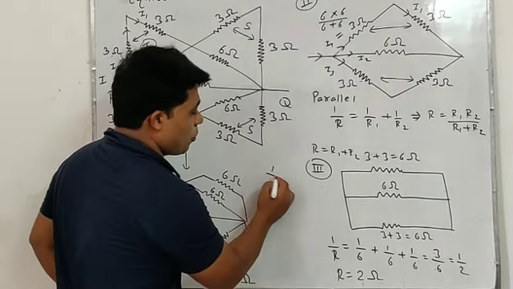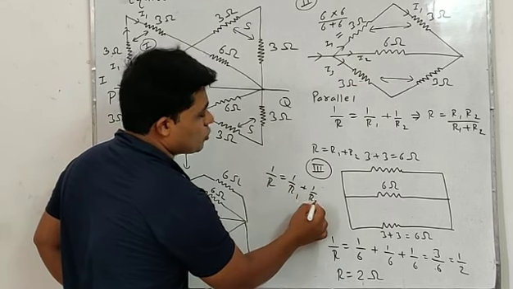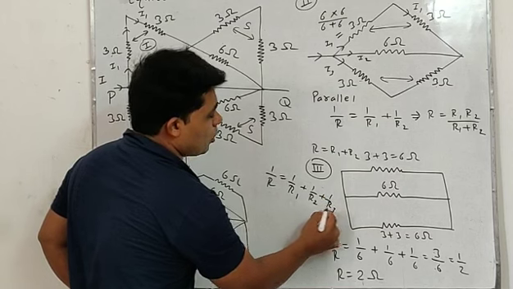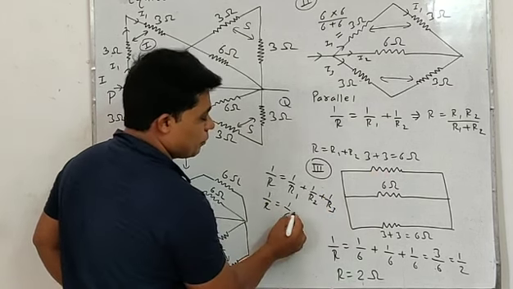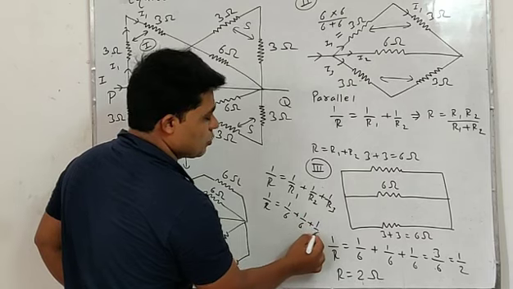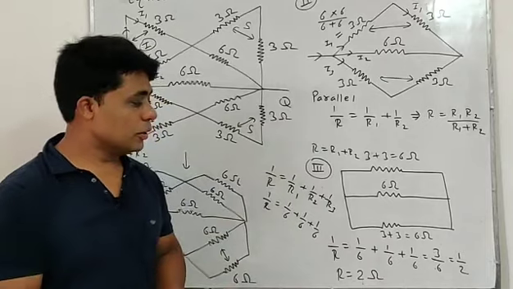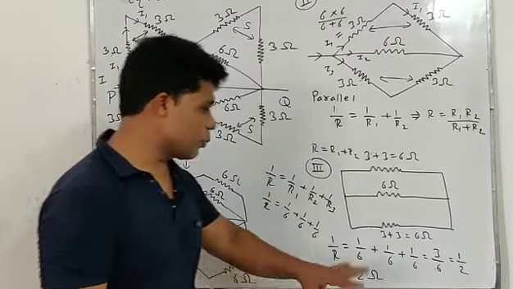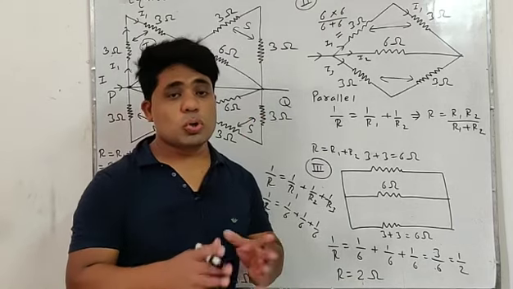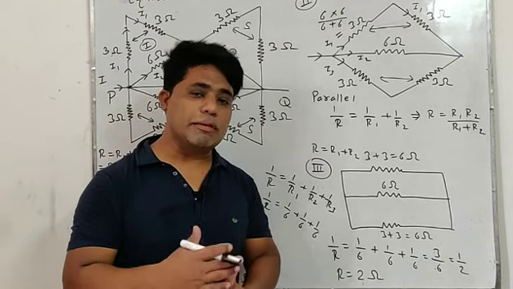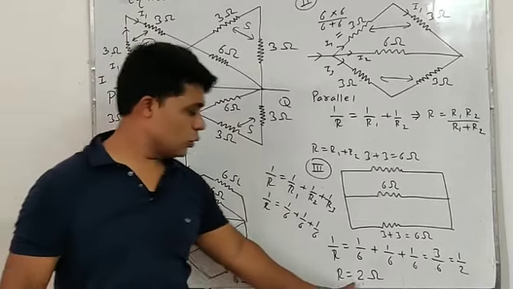We know the formula of parallel combination, 1 upon R equals 1 upon R1 plus 1 upon R2 plus 1 upon R3. So 1 upon 6 plus 1 upon 6 plus 1 upon 6 becomes 3 upon 6, which means 1 by 2. Taking the reciprocal on both sides, since we require R, it becomes 2 ohm. So what will be the total equivalent resistance of this circuit? The equivalent resistance of this circuit is 2 ohm.